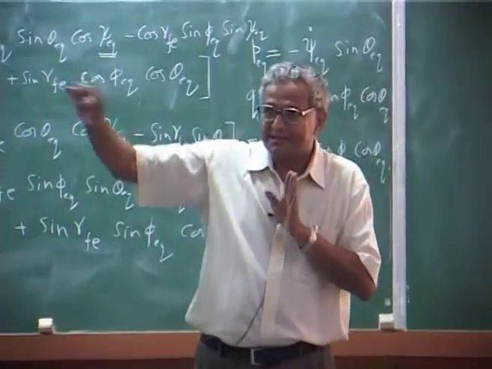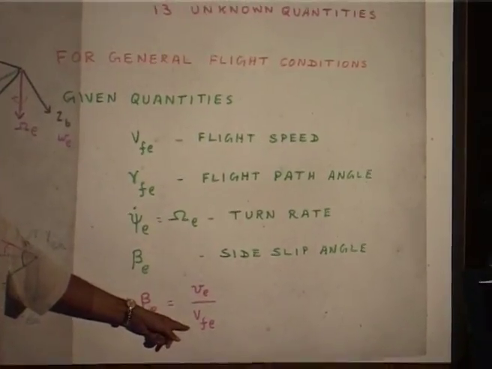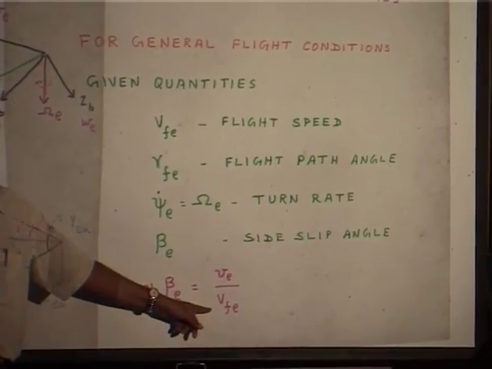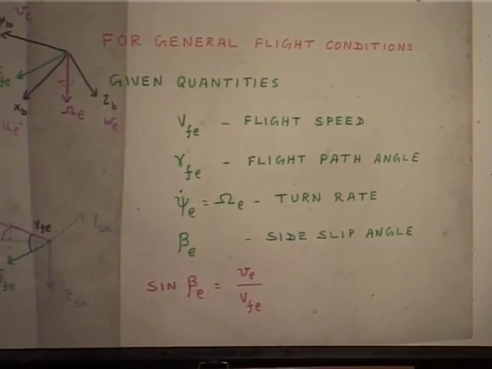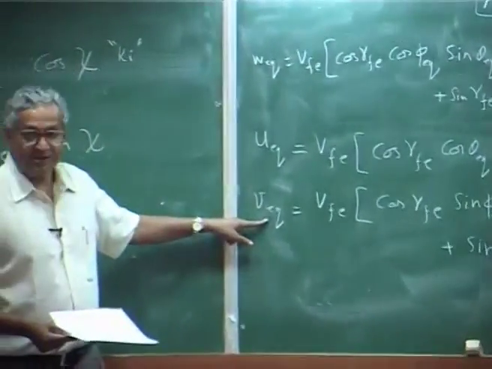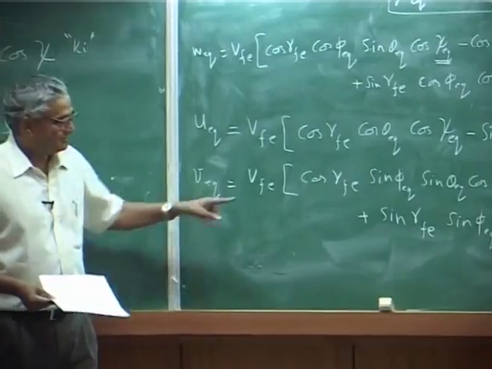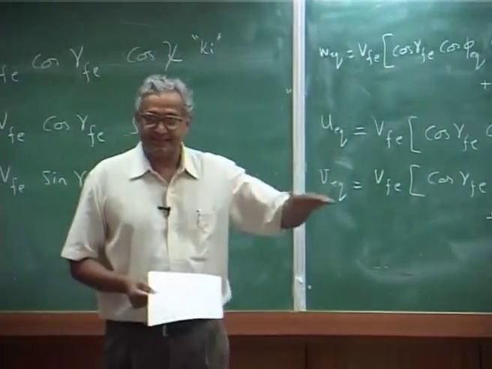If you have a velocity there, the ratio of that velocity to the total velocity resultant, that is my side slip. That means, side slip angle is specified, that is a given quantity. Now, you know from here V equilibrium, V by VFE, this is nothing but sin beta, which is the side slip.